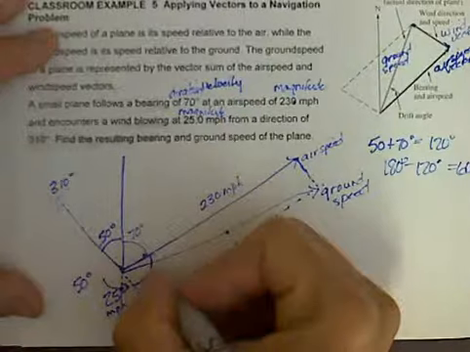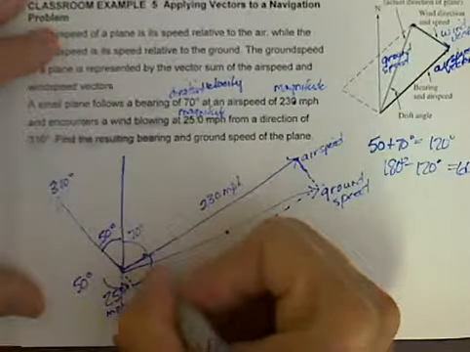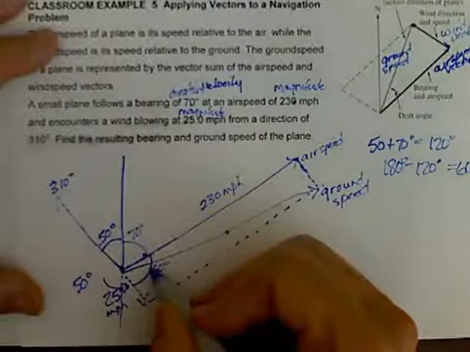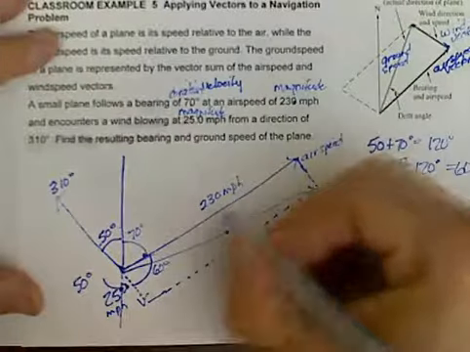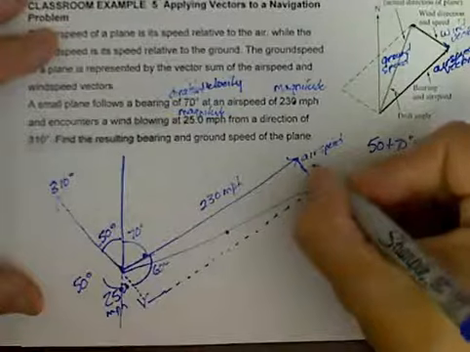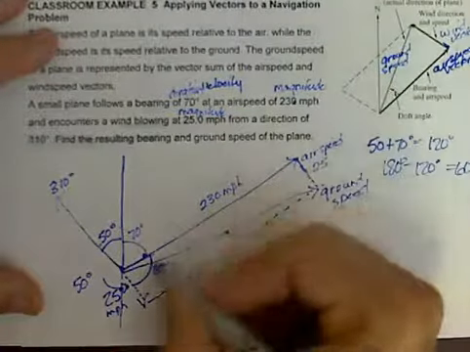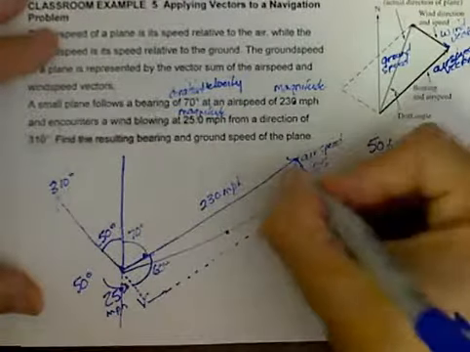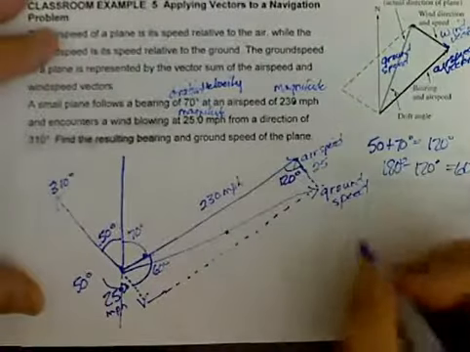That tells us that the angle in here is 60 degrees. Now, since we have that angle, we can do this by using the law of cosines. Since this side of our parallelogram was 25, then this side is also, and this angle and this angle are supplements, so that means this one is 120 degrees.